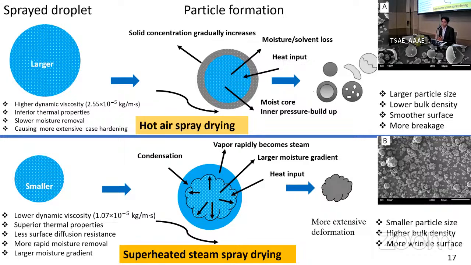In superheated steam, we compress with superheated steam at the same temperature. So we observe the viscosity of the feed solution. We observe that superheated steam has lower viscosity, so it might be torn apart more easily than with hot air. That's why it's much smaller in particle size.